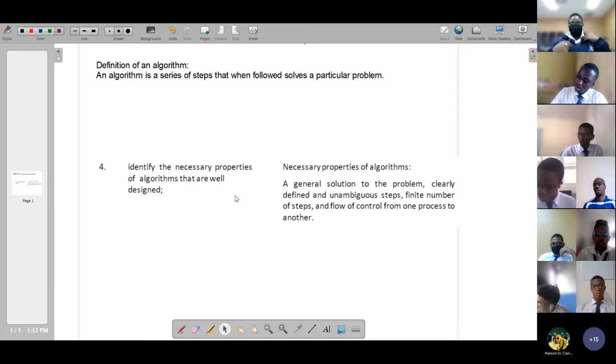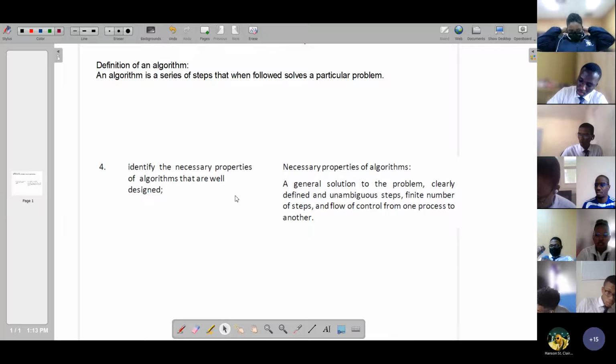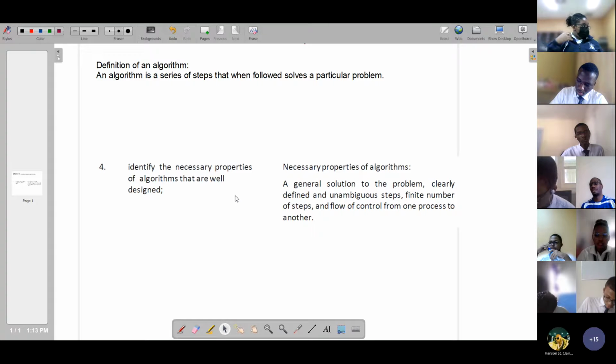Correct. So when a step is given, it should be understandable. We should be able to identify what to do in terms of that step or that task that needs to move us towards getting to our solution.